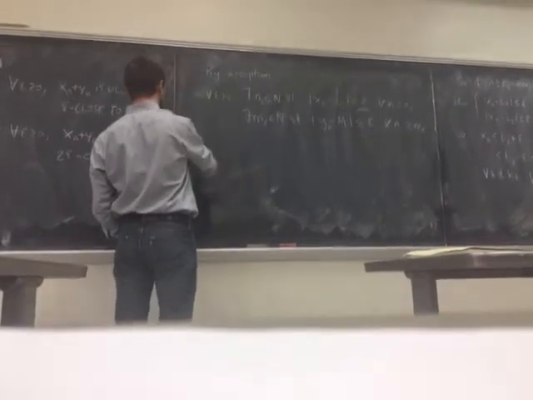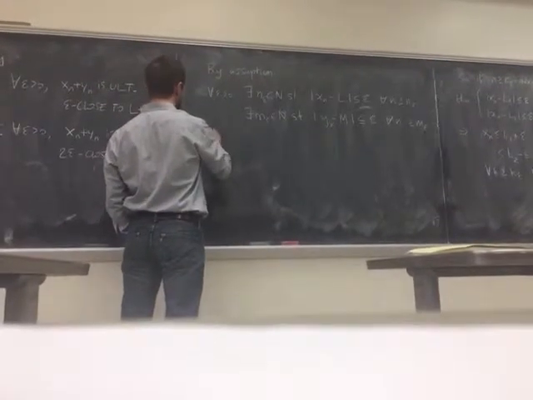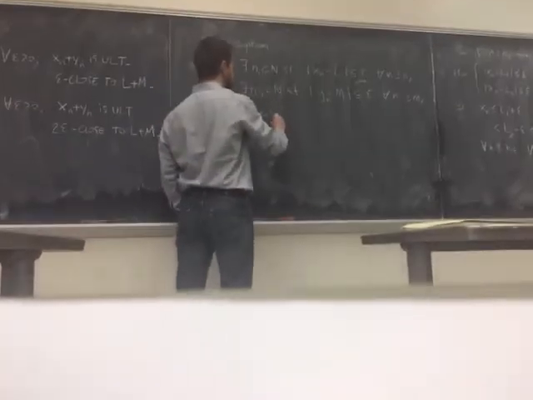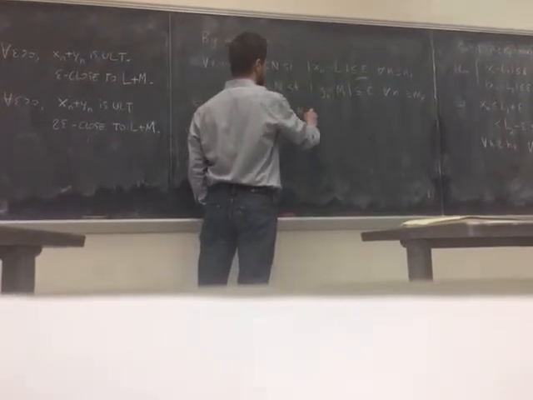Then, set K of epsilon to be defined as the maximum between the first threshold and the second threshold.